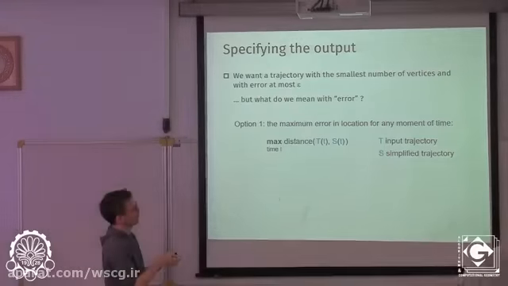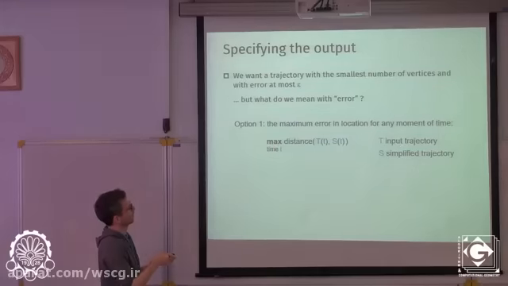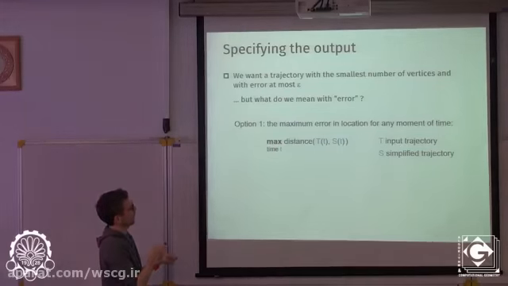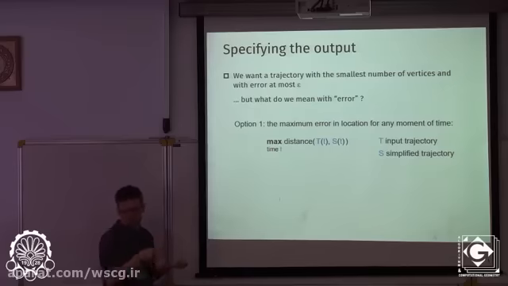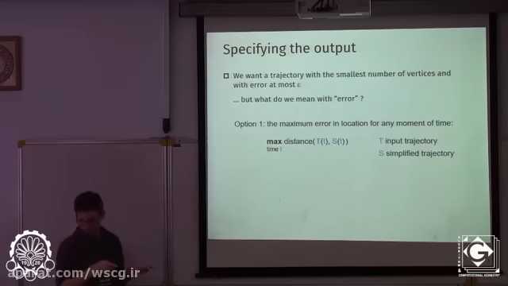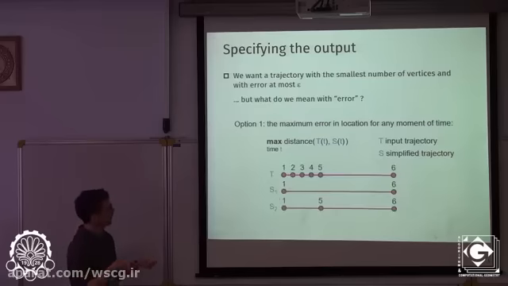Given an input trajectory, I will want to find a simplified trajectory such that at any point in time the maximum distance from the trajectory to the simplification is small. That is, if I really want to keep the time in. And that then would enforce this variant here.